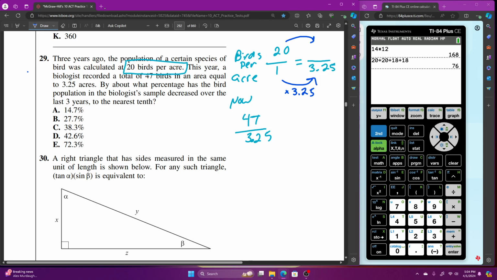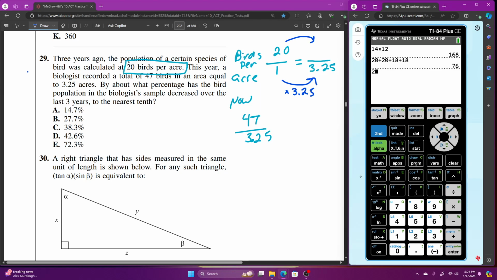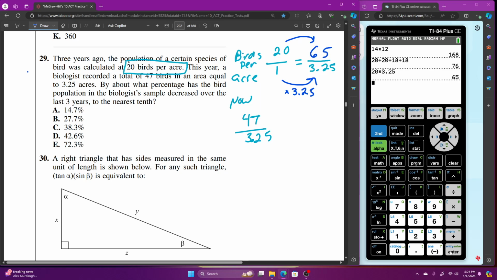So 20 times 3.25 equals 65. So 3 years ago, we would have expected 65 birds per 3.25 acres, but now there's only 47 birds per 3.25 acres.